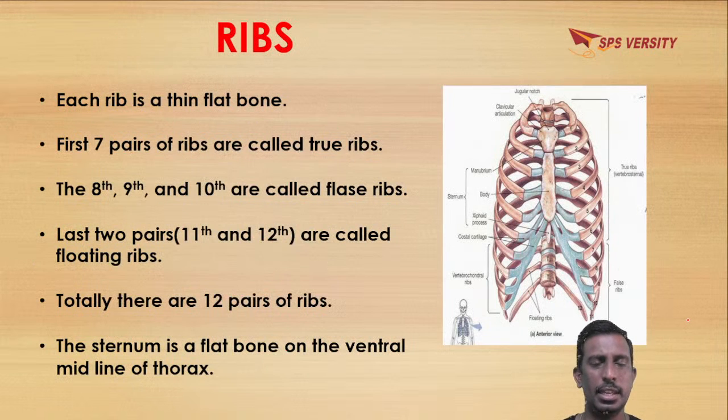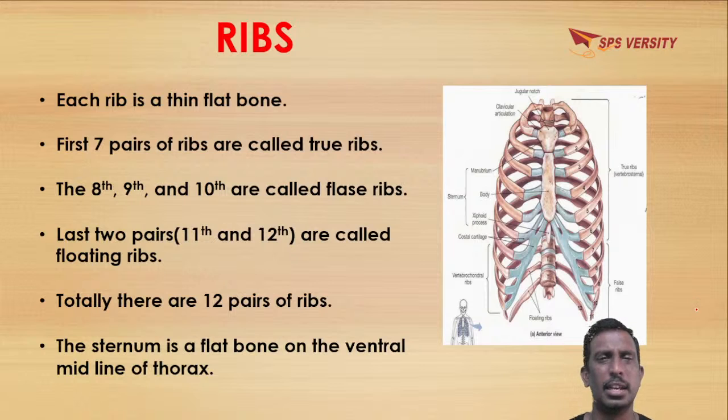And next in the axial skeleton are the ribs, along with the skull and the vertebral column. Here in the picture you can see there are 12 pairs of ribs, which are flat bones. Of these 12 pairs, the first 7 pairs are called true ribs. True ribs are attached to the vertebral column dorsally and to the sternum ventrally.